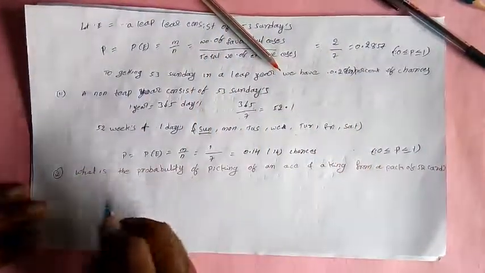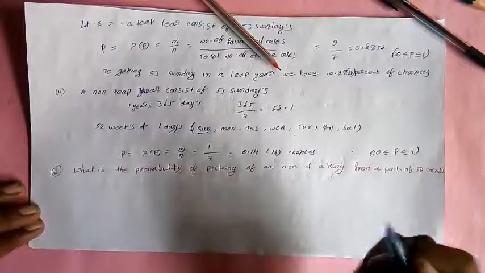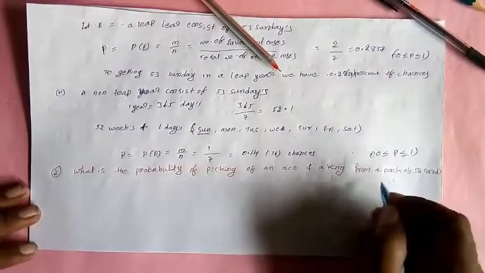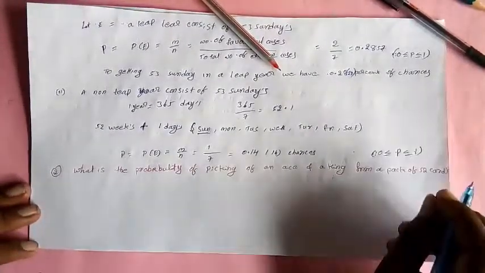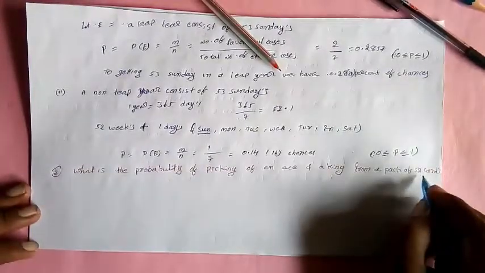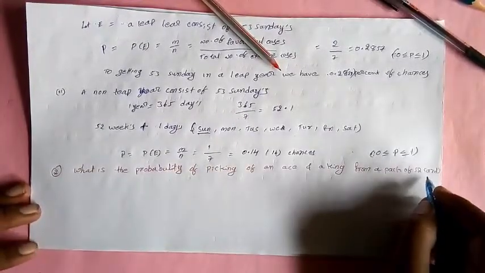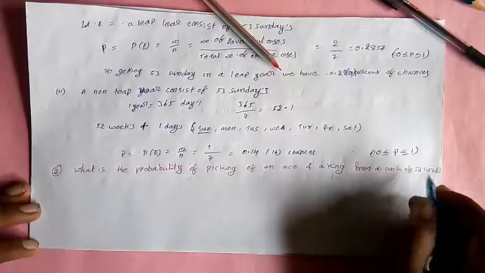That is, we want to find out the probability of picking an ace or king from a pack of 52 cards. A card pack consists of 52 cards. Total number of cards is equal to 52.